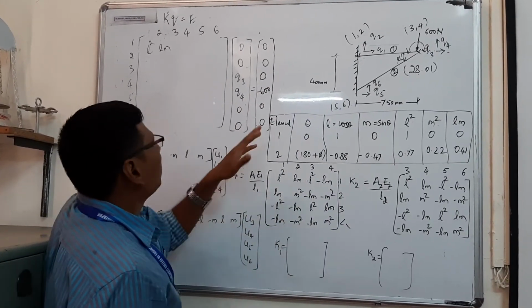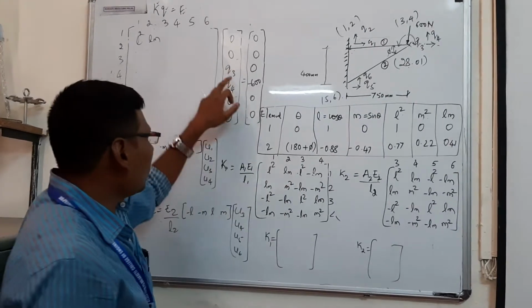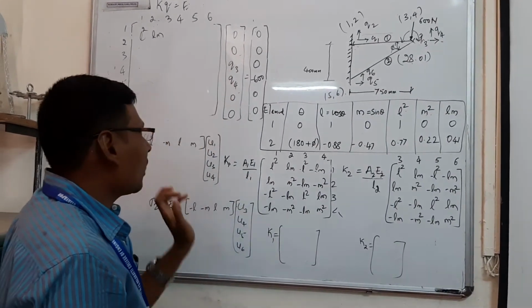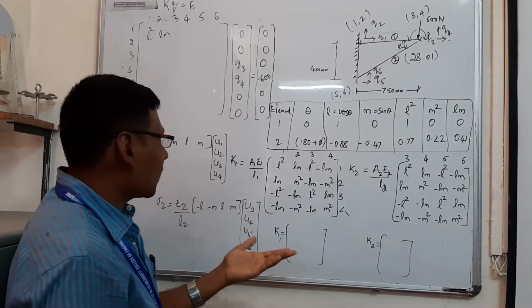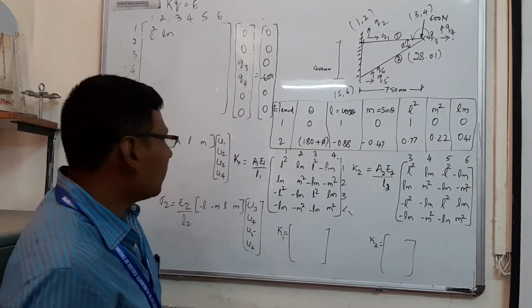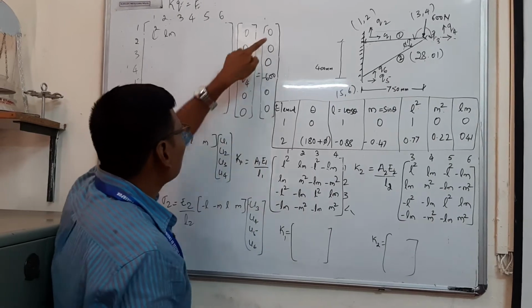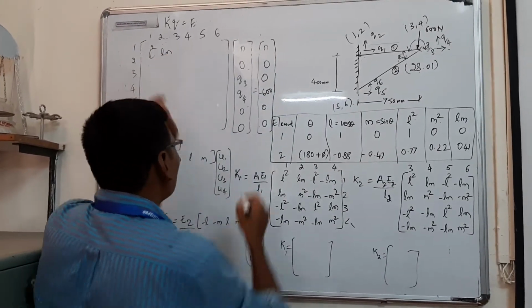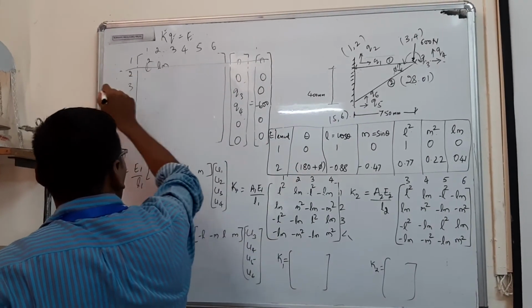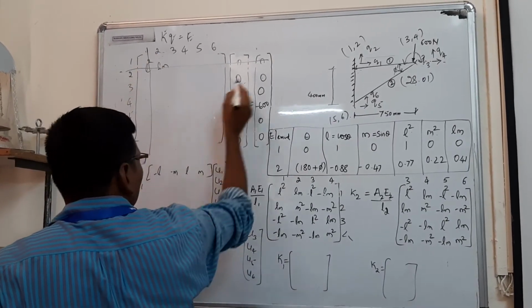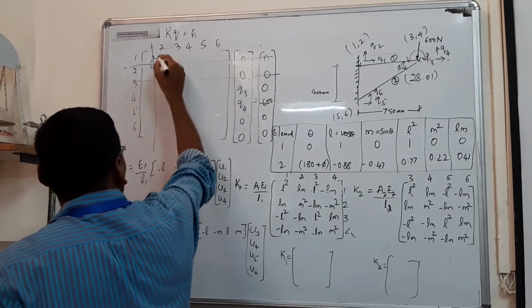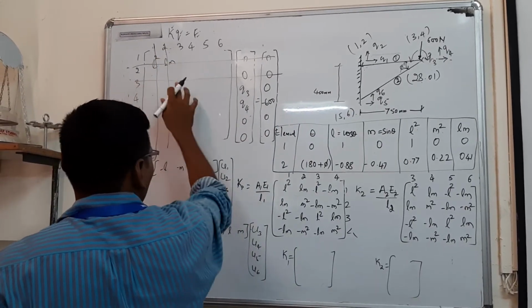Then we will find the values of Q3 and Q4 by using the quadratic equation. Before going for that, you should apply the Gauss elimination method. So here, row 1 is completely 0, so we need to cancel this. The second row is also 0. We need to cancel the second column and the second row.